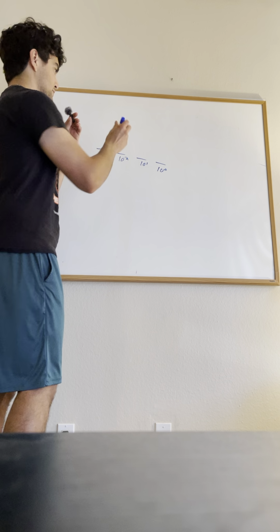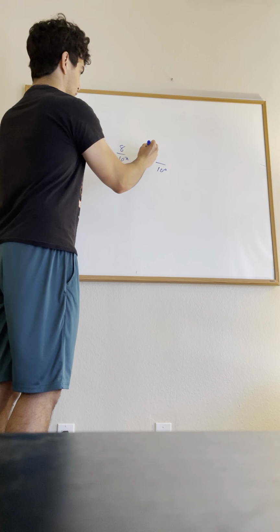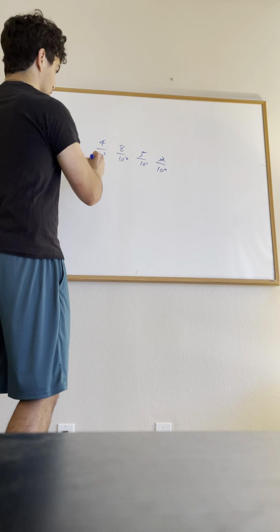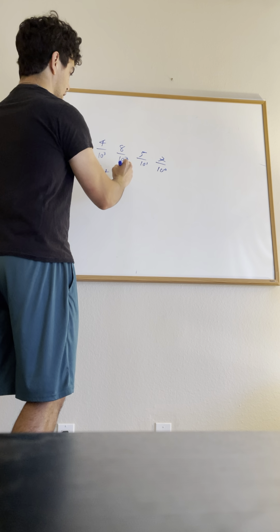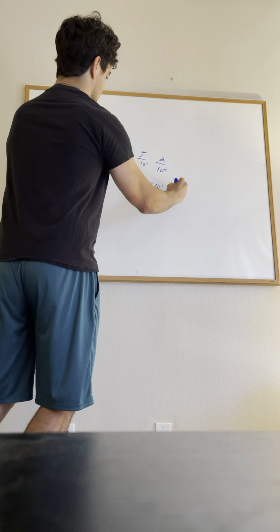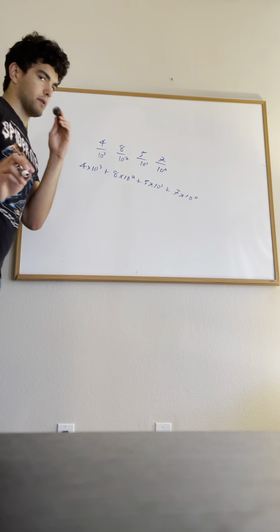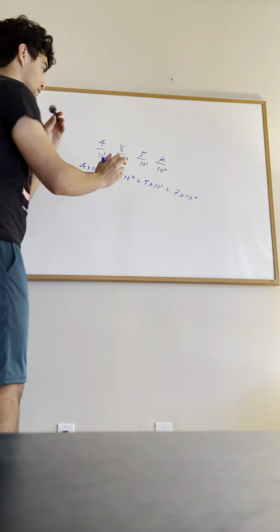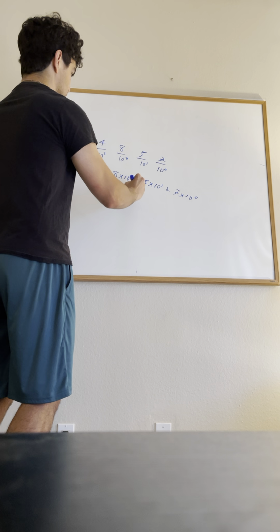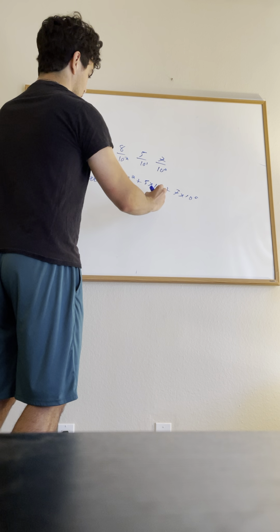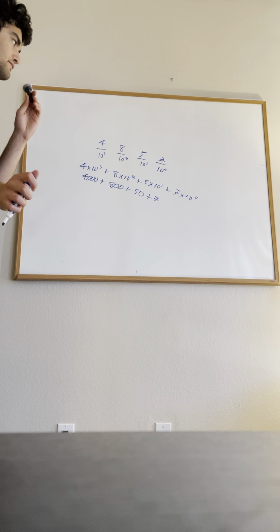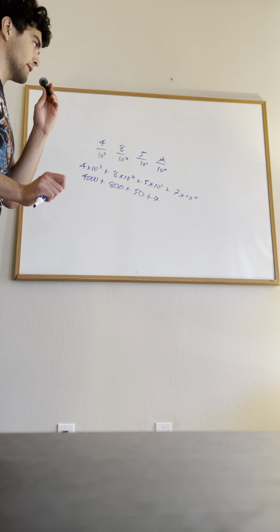So if we want to express something like 4857 as addition, this would be 4 times 10 to the 3 plus 8 times 10 to the 2 plus 5 times 10 to the 1 plus 7 times 10 to the 0. This is exactly what I was just trying to show earlier with that example. This is going to be 4,000 plus 800 plus 50 plus 7. And this is 4,857.